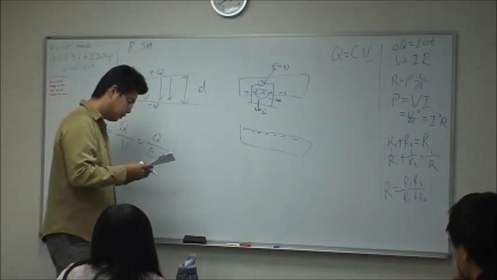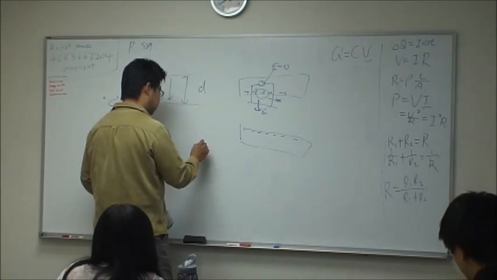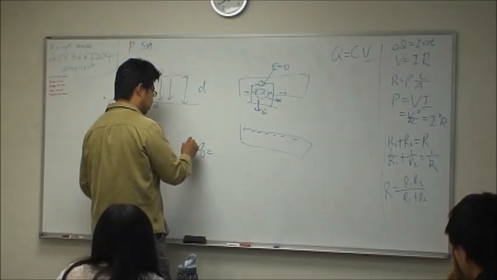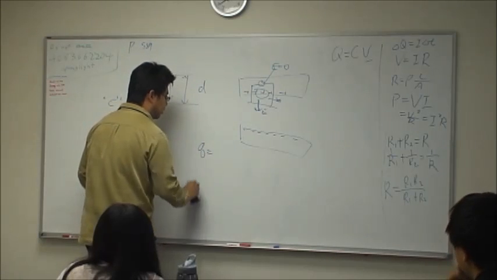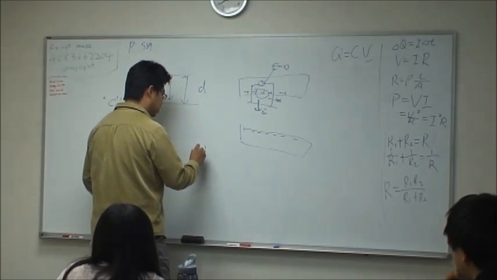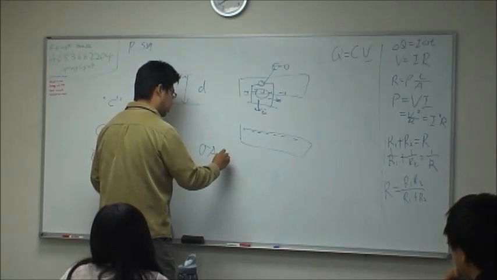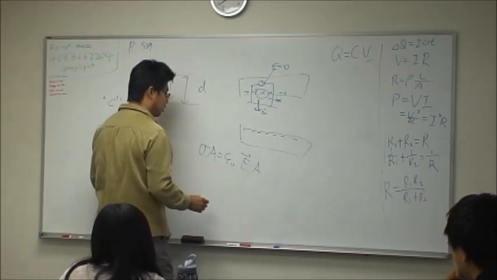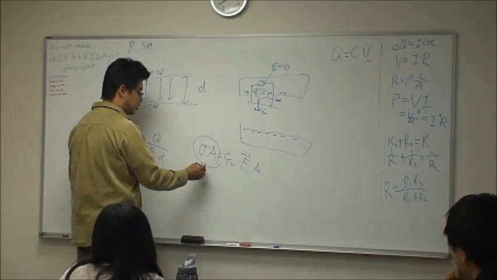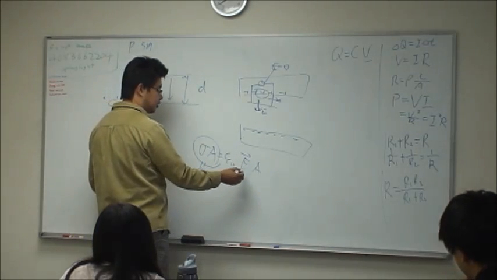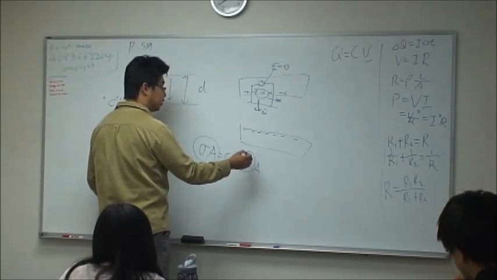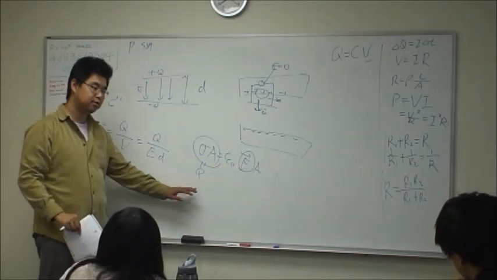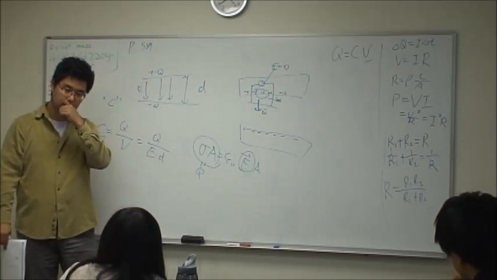Make sense? Okay, and then what we know is that Q, let me do this, is the total amount of charge Q. This is the E field times the area A times epsilon 0. This is Gauss's law we learned last week, right?